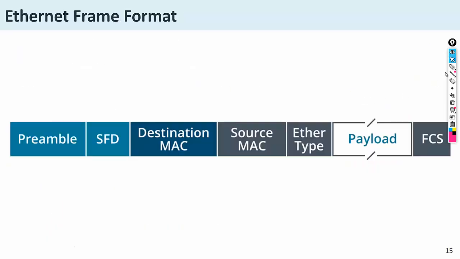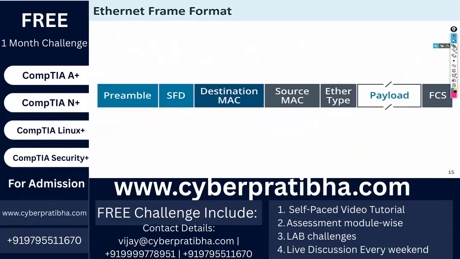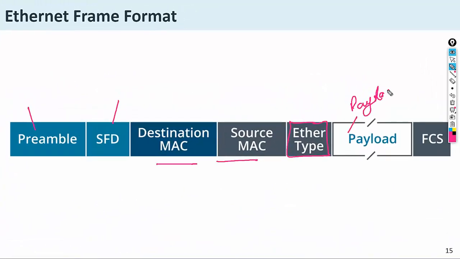Right, so how does the Ethernet frame look? An Ethernet frame has the preamble, SFD, destination MAC, source MAC, and Ethernet type, like which standard it follows, and here is the payload. What is the payload? Payload is just the size of the data, the actual data which is going to be transferred.